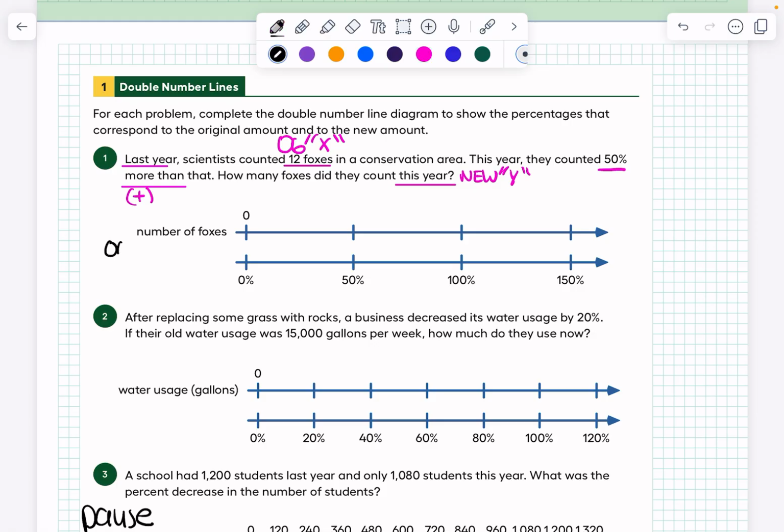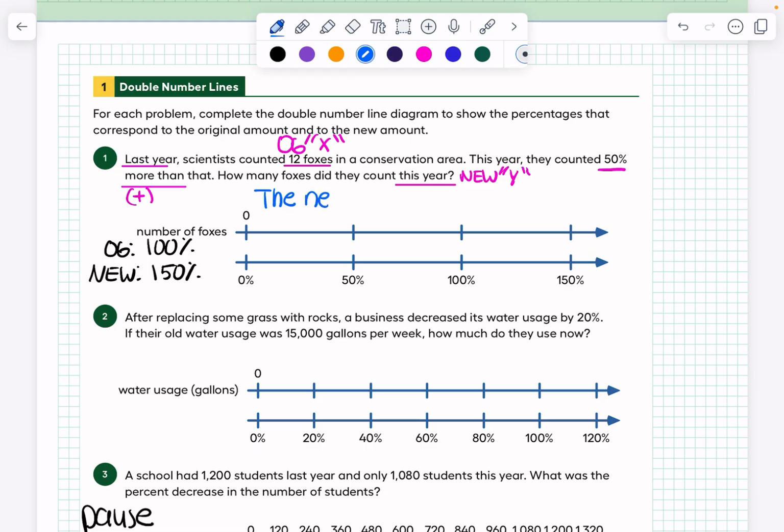Okay, the OG percentage is always 100%, and the new amount, as you can see, it said 50% more than last year, so 100% plus 50% would be 150%. So my sentence, I'm just going to use the space provided. We're just going to squeeze it in here.